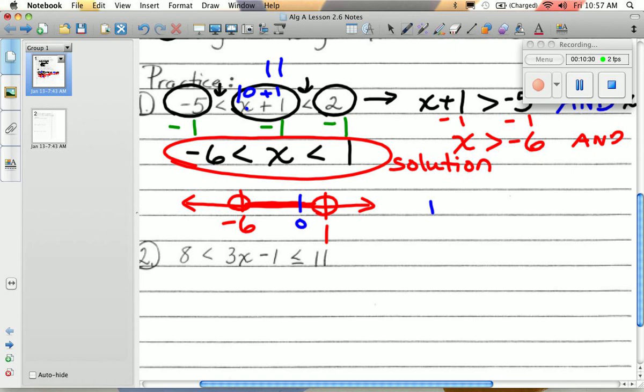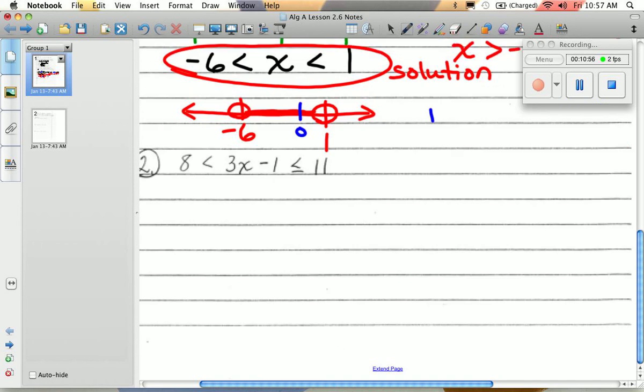No. Negative 5 is less than 11, true. But then it says, and 11 is less than 2. 11 is not less than 2, so that makes it false. So our solutions typically will be right between the 2 points. Okay?